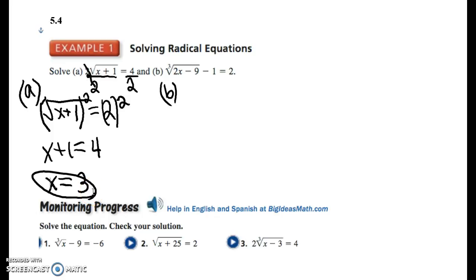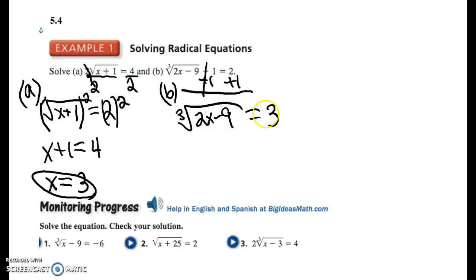Looking at part B, I want to do the same thing, except instead of dividing by 2, I have this minus 1, so I want to add 1 to both sides. And then I'm left with the cube root of 2x minus 9 equals 3.